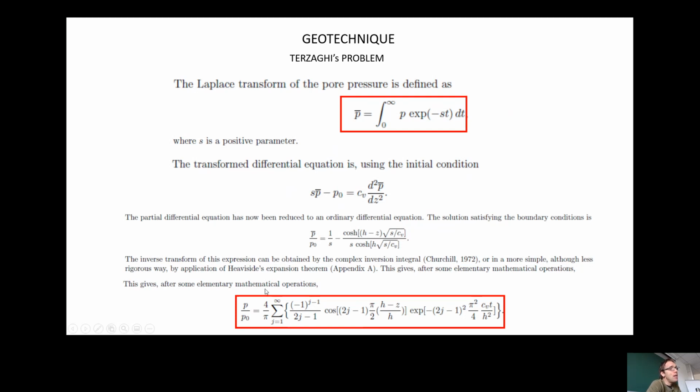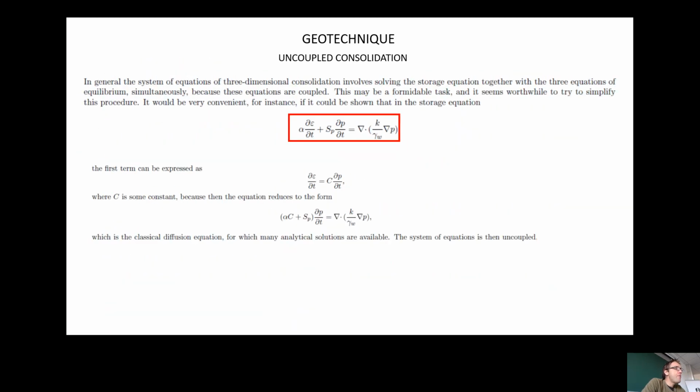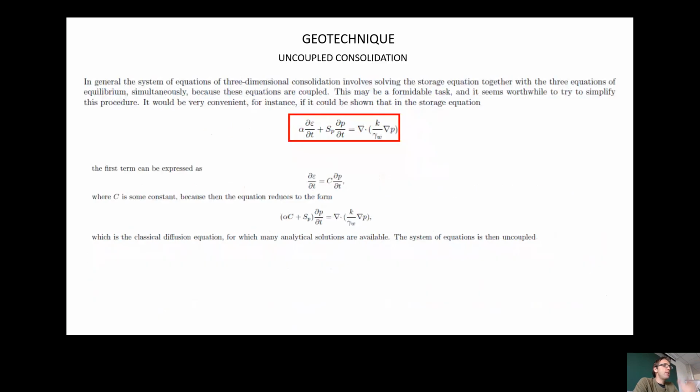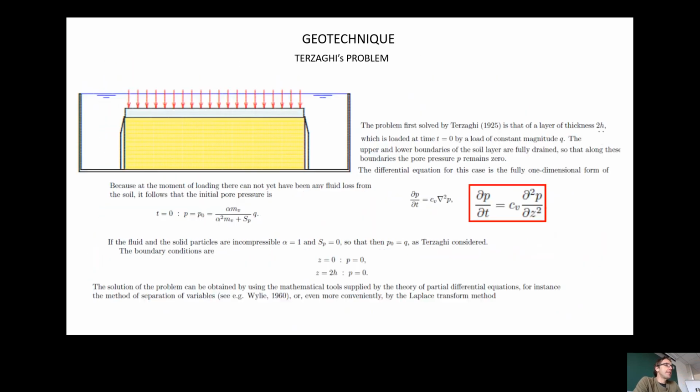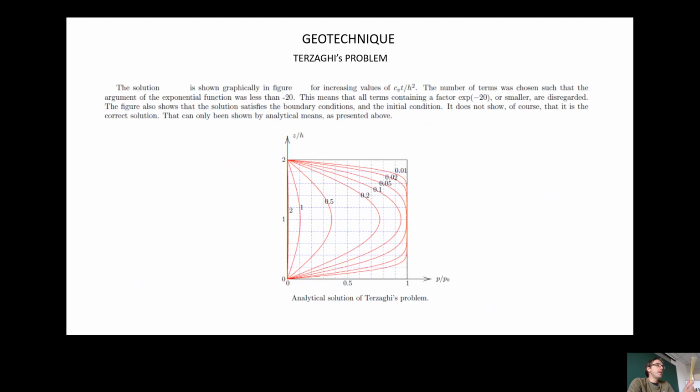You can see here the ratio P over P0 defined with all this sum. This P ratio P0 is similar to what we already had previously. Remember, Pc ratio P0, this is another kind of problem. And at this point, we can write and derive, and I'm more interested in showing this, the analytical solution of the Terzaghi problem.